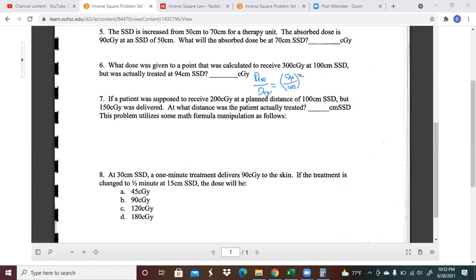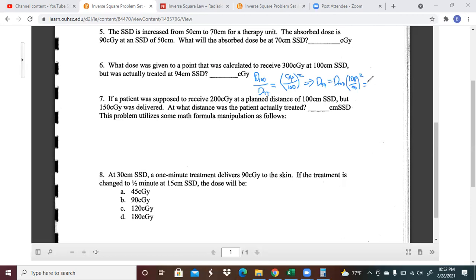And we're looking for what was actually delivered at 94. So that's going to end up being the dose delivered at 100 multiplied by 100 divided by 94 squared.